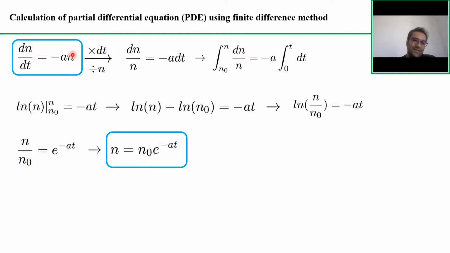So we see that the analytical solution of such a differential equation is just a very simple function: n equal to n0 multiplied by the exponential of minus at. At this point I want to plot this function and see how it behaves, although we see that it's just an exponential decay.